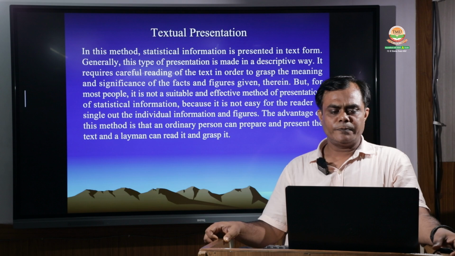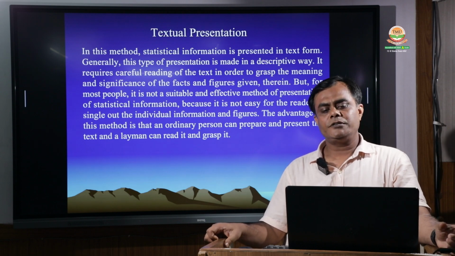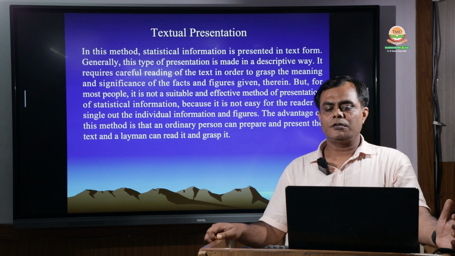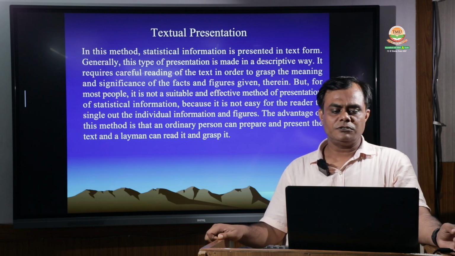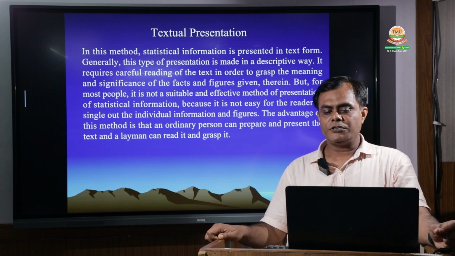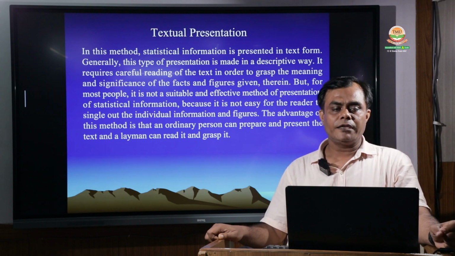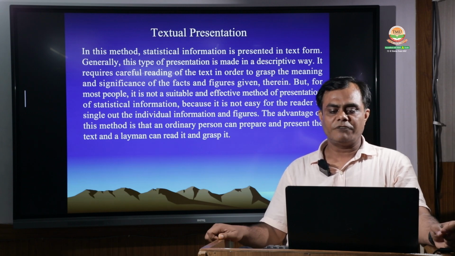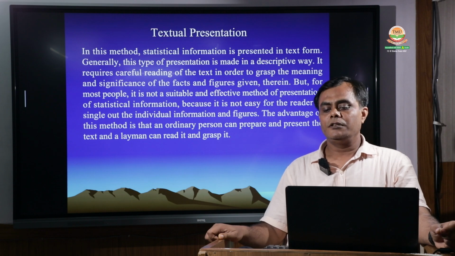see the textual presentation. In the textual presentation we are presenting data in text format. This is the method in which statistical information is presented in text form. Generally this type of representation is made in a descriptive way. It requires a careful reading of the text in order to grasp the meaning and significance of the facts and figures given therein.